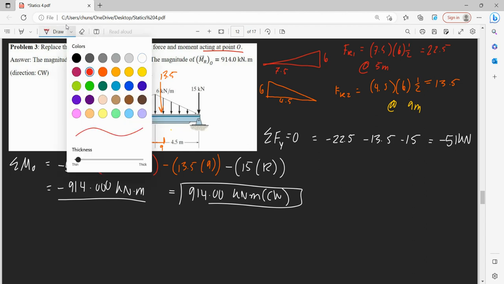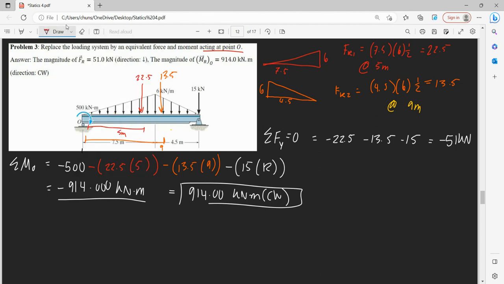If we want to find where it's being loaded to, we know that our moment is equal to our force times our distance. So if we want to find that, what we can do is have the magnitude of our moment equal to the magnitude of our force times some distance L. And so when we take 914 divided by 51, I think this is wrong, hold on.